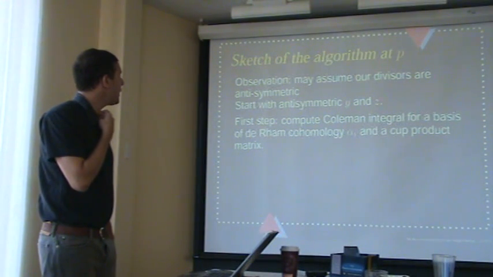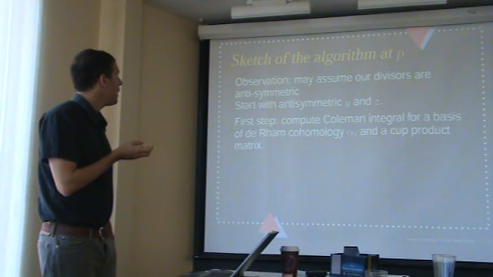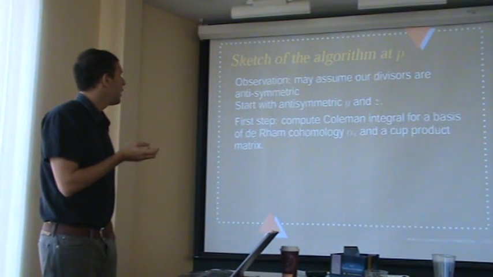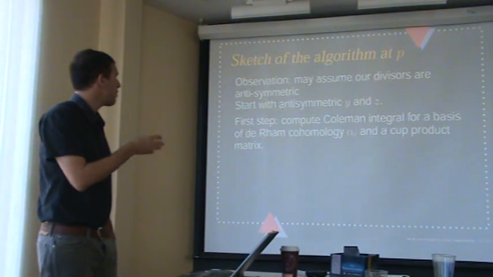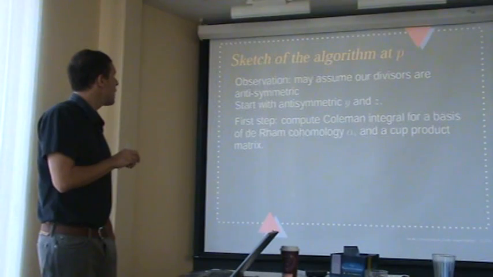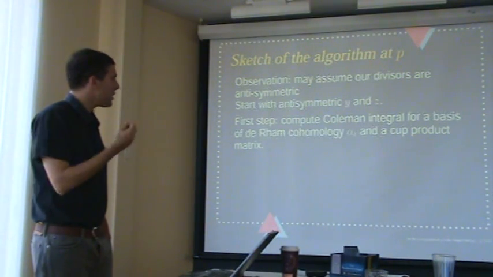You pick out a basis like that, compute the Coleman integral for each of these elements, and compute the cup product matrix for all of these forms.